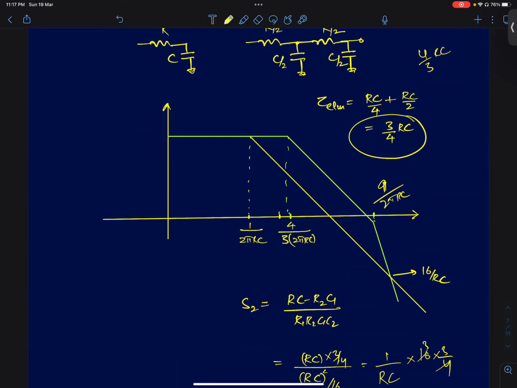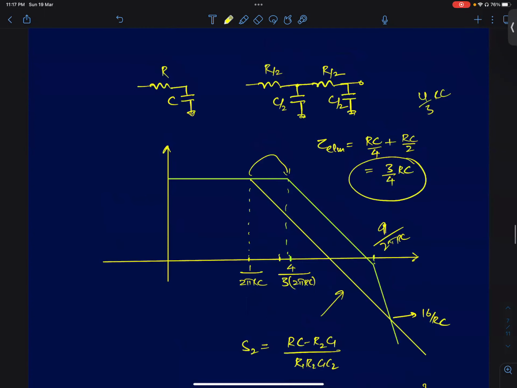Now I have plotted both the responses together. If you take a single pole system, the yellow curve shows the single pole system. In the two pole system, the first pole occurs slightly away from the single pole of a simple RC circuit. Now I have R by 2, C by 2, R by 2, C by 2.